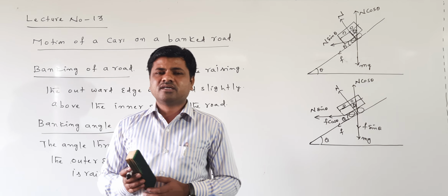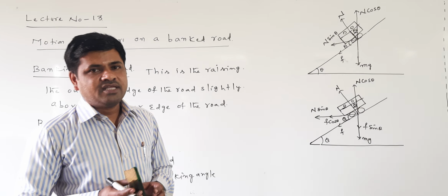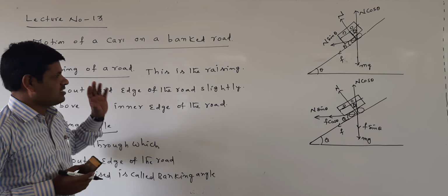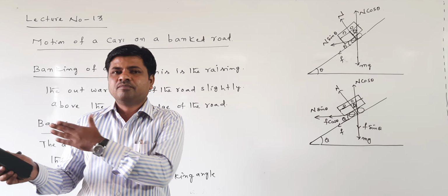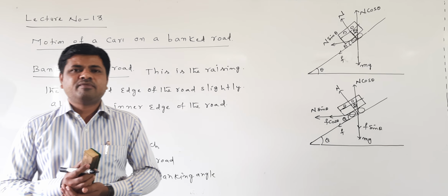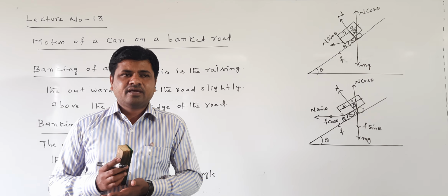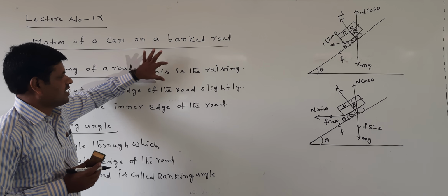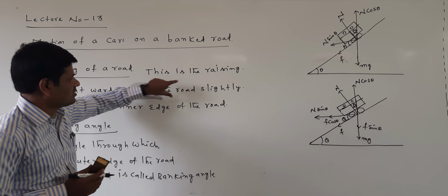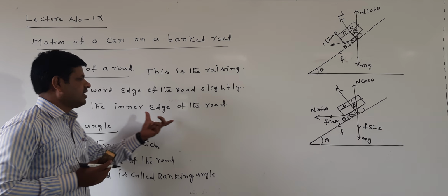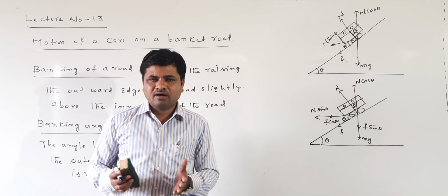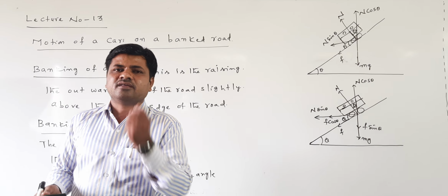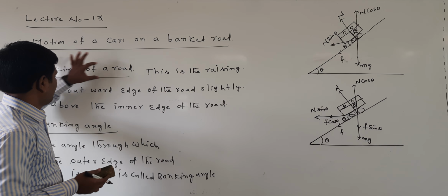When banking is not there, vehicles can easily slip out from the road. That is the reason they make banking on the road. In comparison to the inner edge, they raise the outer edge slightly. This is called banking of road.